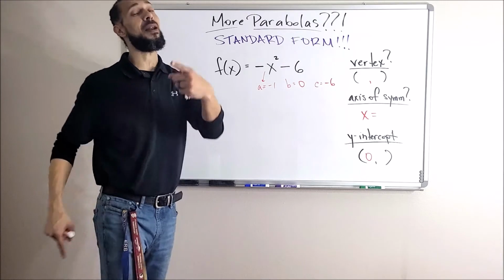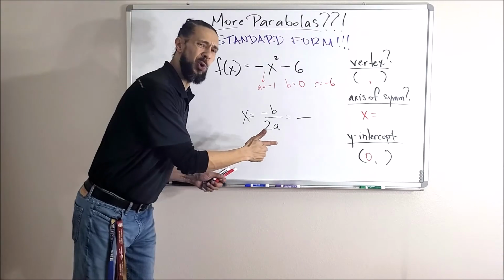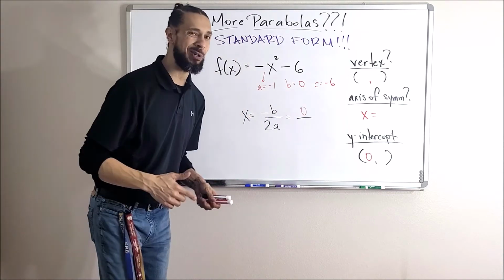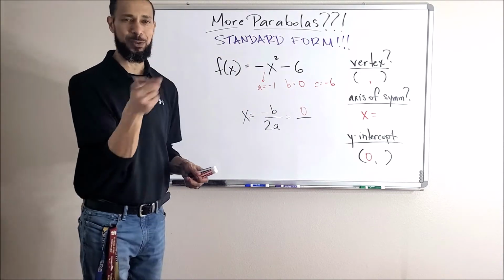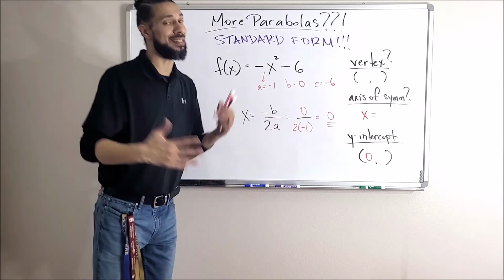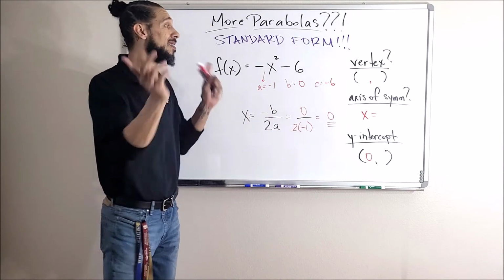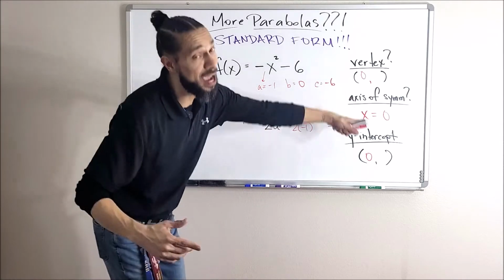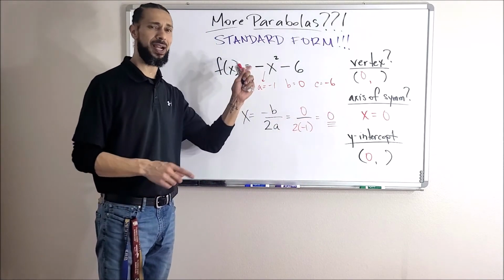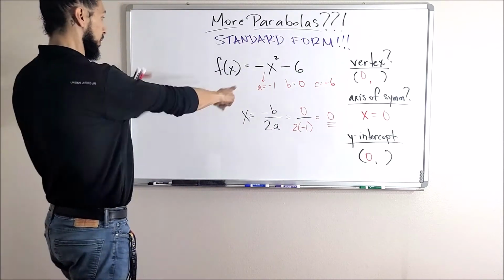You know the first step, negative b over 2a. But remember what we said b was? 0, exactly right. So what about 2 times a, but 0 divided by anything is 0. So that is my x value of the vertex and my axis of symmetry. Don't forget. Now we're going to take this 0 and plug it back in. Let's do it.